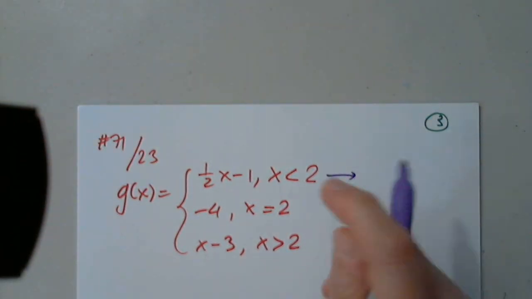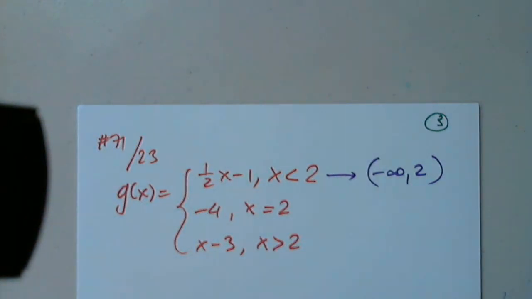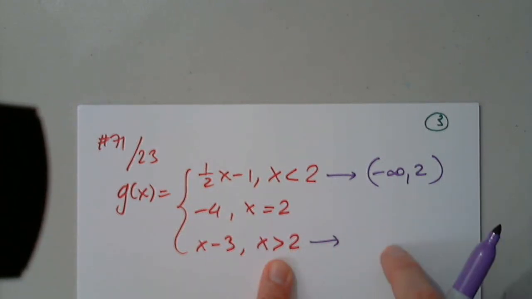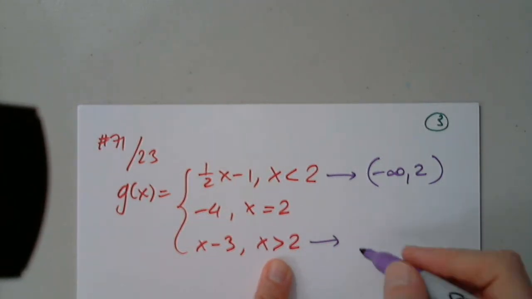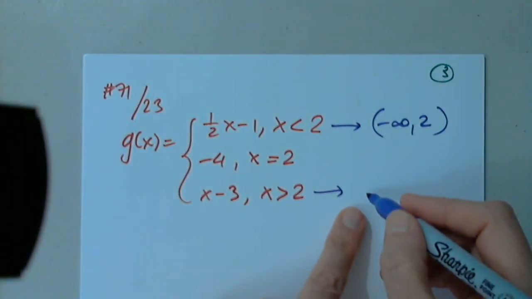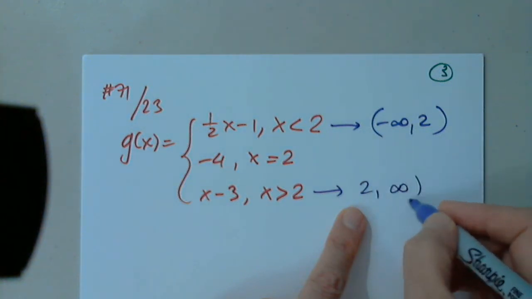I hope you agree that this represents -∞ and 2. For this domain, this is the function. For this domain, which is just x equals 2, this is the function. For this domain, can anyone give us the domain in interval notation for this piece? 2 to positive infinity. Awesome.